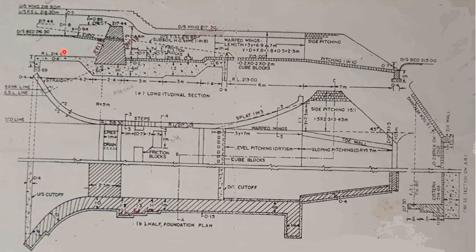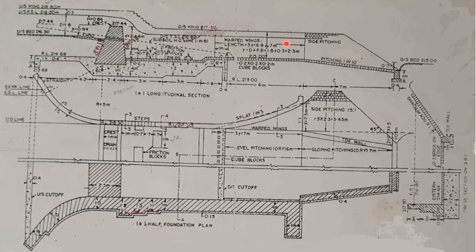So as we know, there is a transition from trapezoidal section to rectangular section. Then after that this portion will also have a rectangular section. Then from this point, that rectangular section is gradually transformed into trapezoidal section for the remaining portion of the canal.